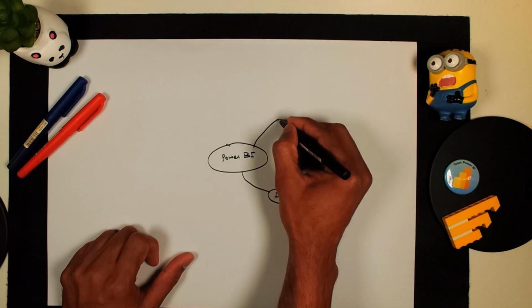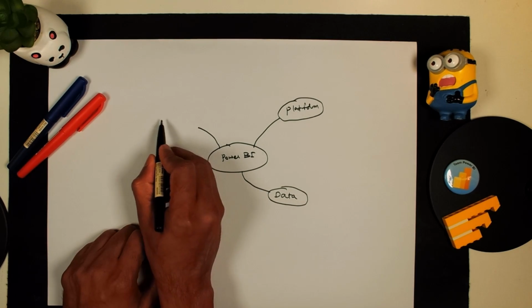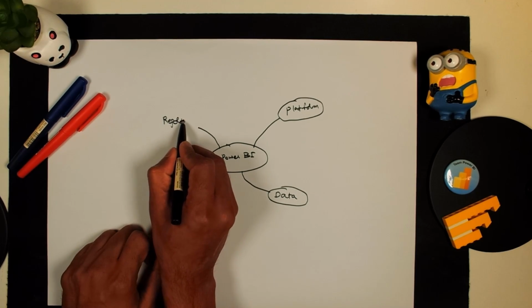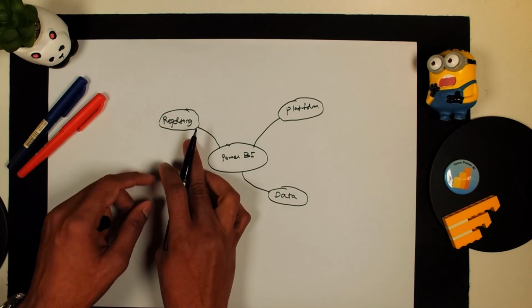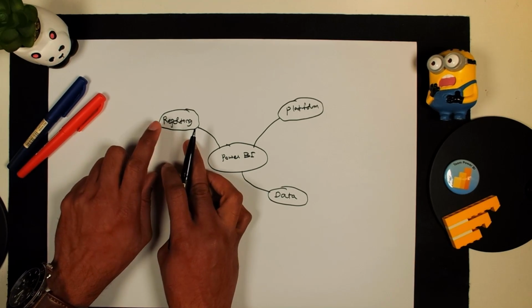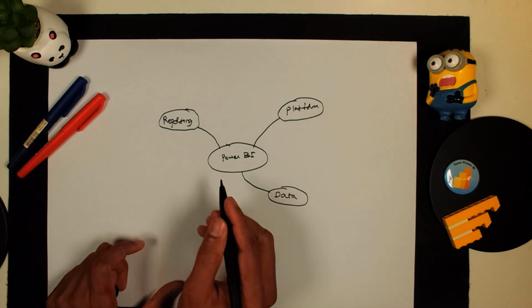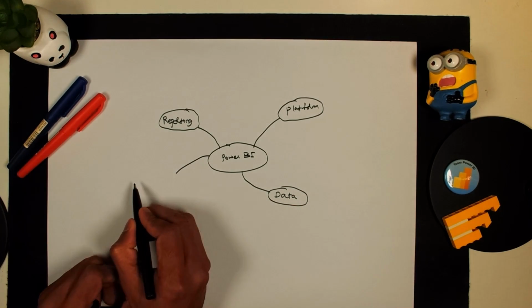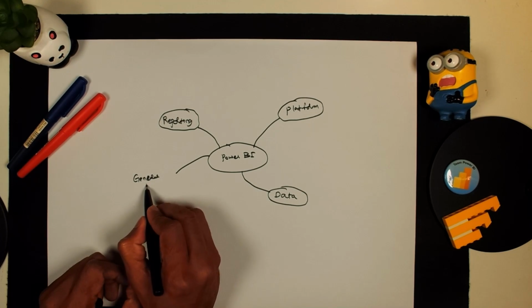Then we have got platform or service, and we also have a reporting area. This is usually what we and our audience see. All the reports and graphs and visuals and everything that you're building go in here. Apart from these 3 main tentacles, there are some smaller ones here. For example, we have got a general data stuff.